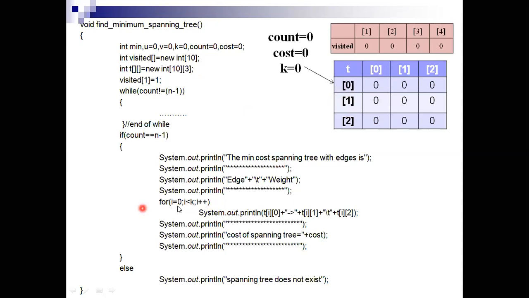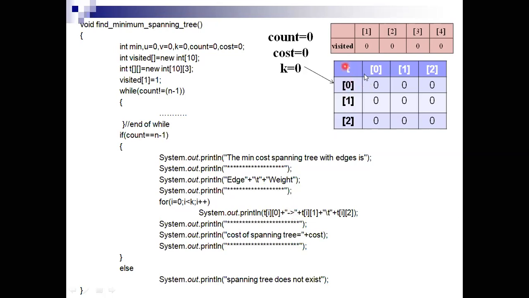So I write the for loop in this way. For i equals 0, i less than k, i plus plus. I'll iterate over the value of k, which starts with 0 and goes till i less than k. System.out.println. I'll now print t[i][0], followed by the concatenation operator plus the arrow mark. Why?